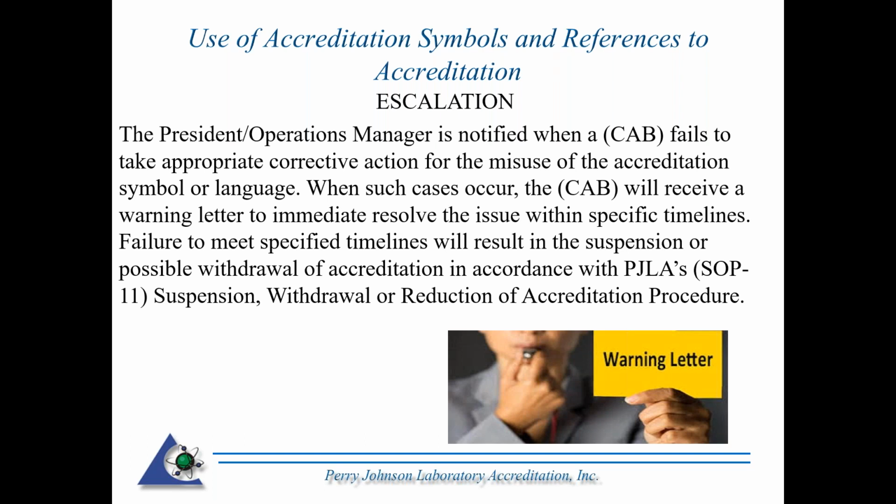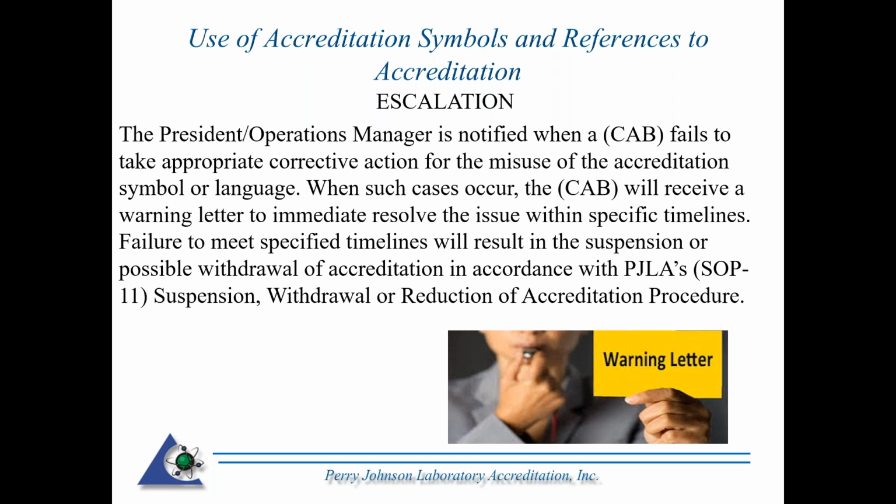You have so many days to close the non-conformance, and then you have to take appropriate corrective action, i.e., hopefully do a good root cause analysis so it won't repeat itself. So the president or operations manager is notified when a CAB, an organization, fails to take the appropriate corrective action for the misuse of accreditation symbol or language.